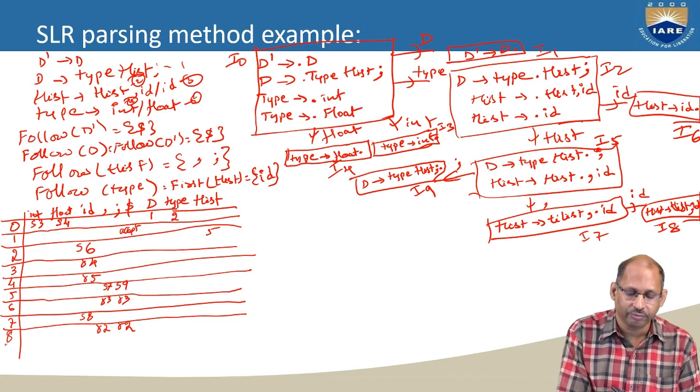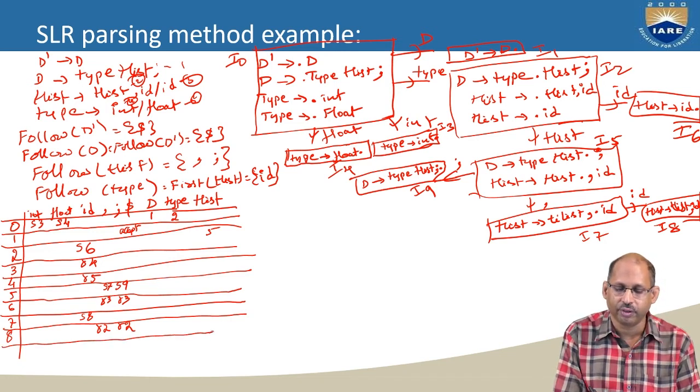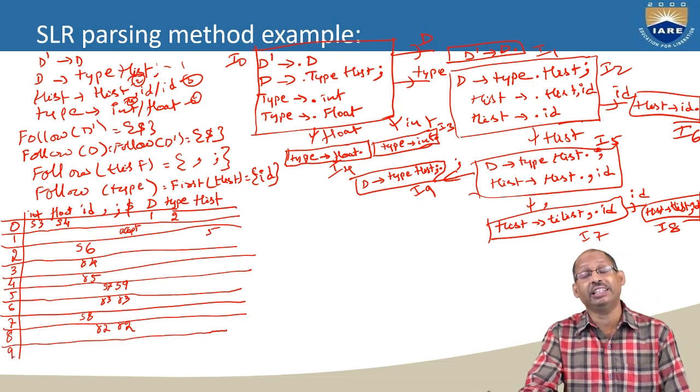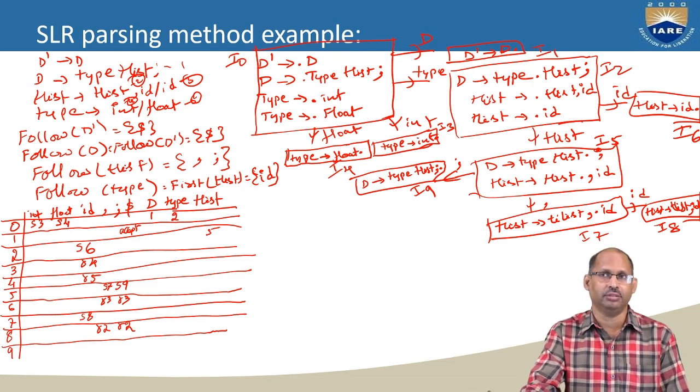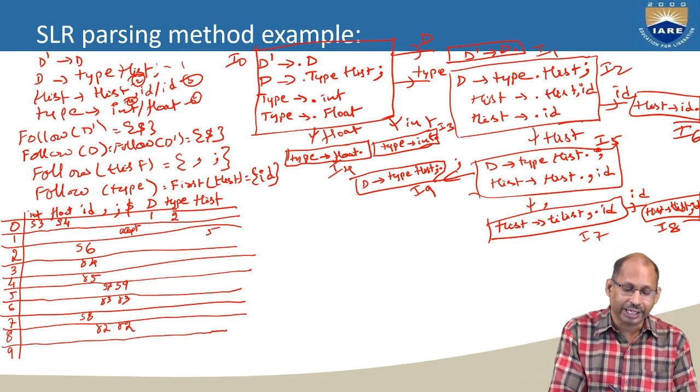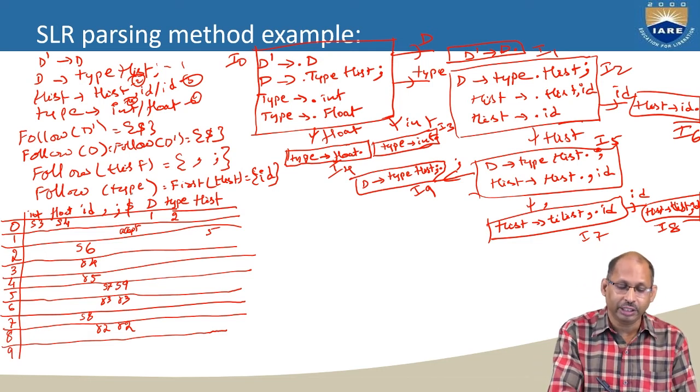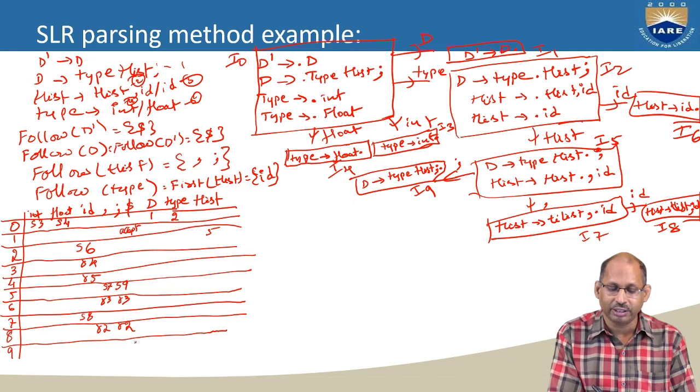And finally, 9. What is I9? Dot end. For which production is it dot end? For the first production. What is the follow of D? It is dollar sign. So in the 9th row, in the dollar sign column, we write reduce production number 1.